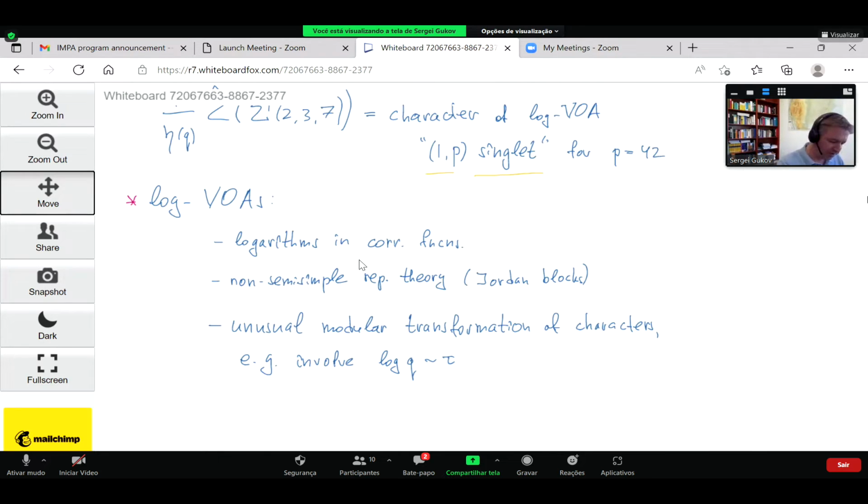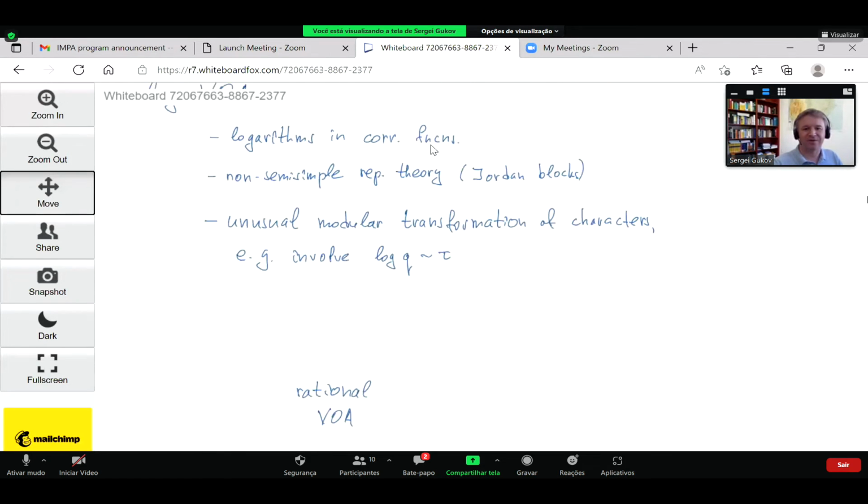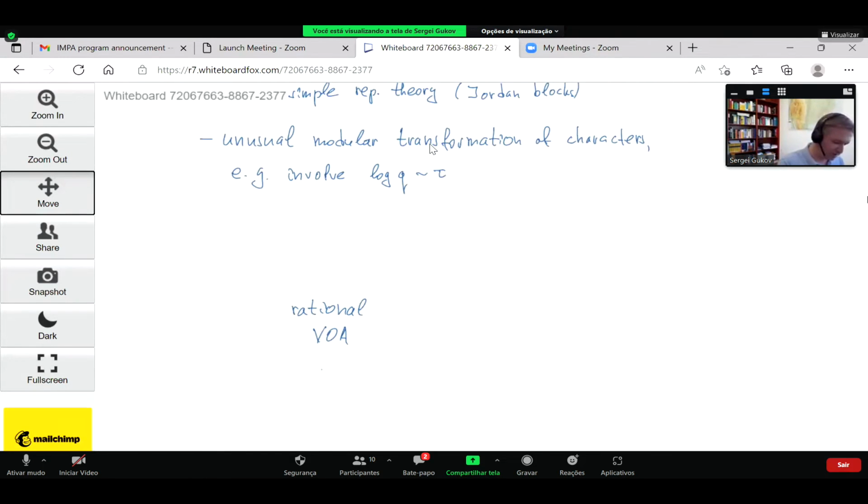So rational VOAs, then we'll see it somewhere in the center of this diagram. So they're contained in a class of just vertex algebras, not necessarily rational, which will be a further layer of this onion or Venn diagram. So then, in particular, here I'm assuming that they're unitary, for example.